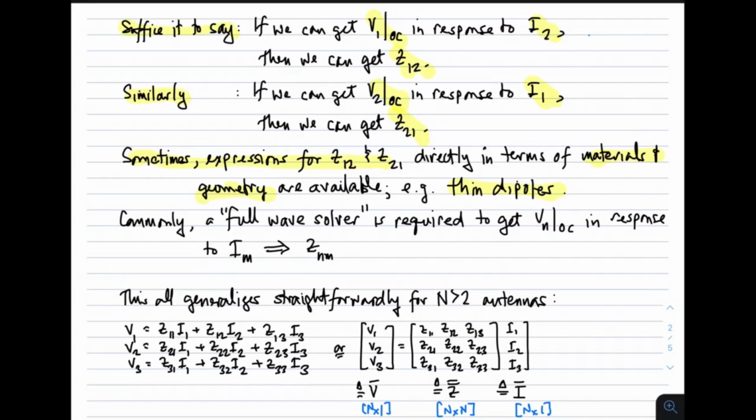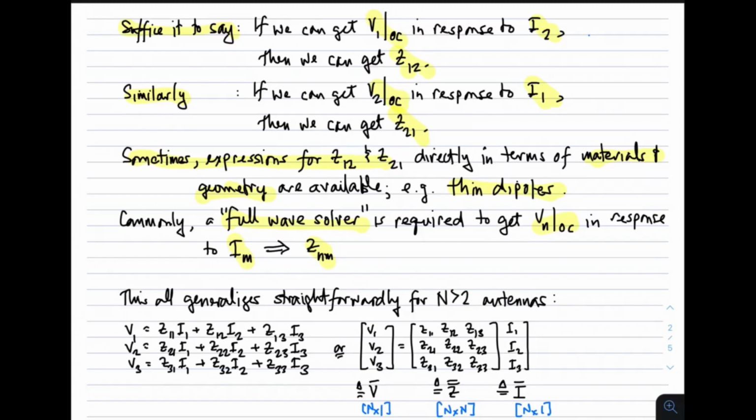More often, these equations do not exist, and in that case, you need something called a full wave solver, something that can attack the problem directly using Maxwell's equations from square one. And in that case, then you could use a full wave solver to find the open circuit voltages in response to any set of stimulus currents, and in that manner get the mutual impedances simply by dividing one by the other.